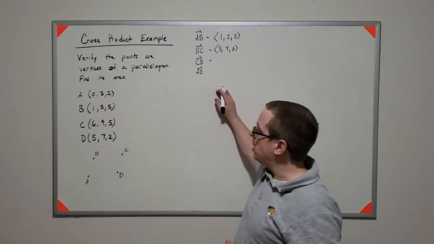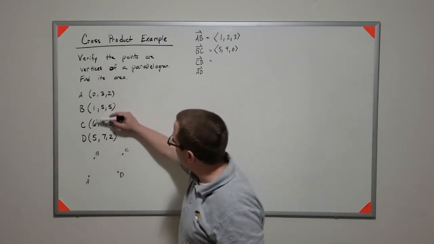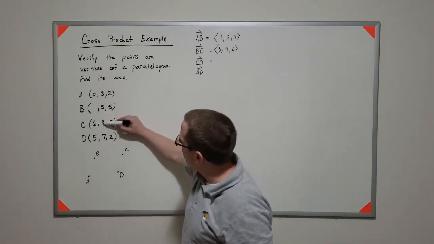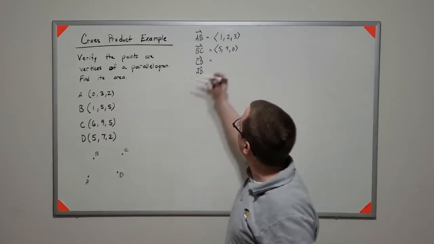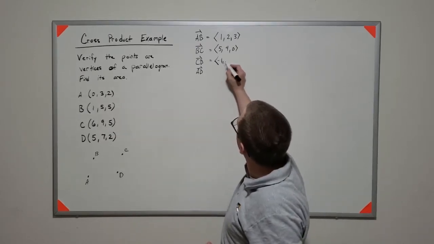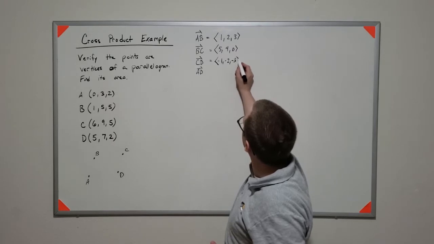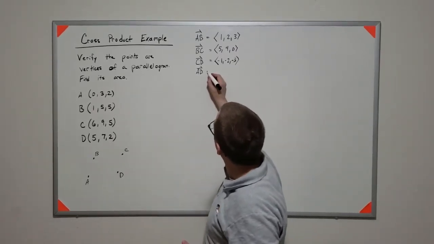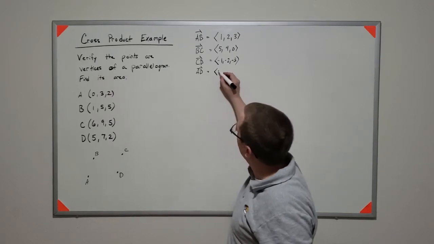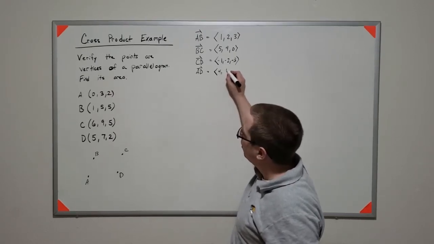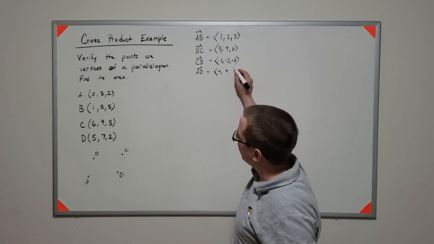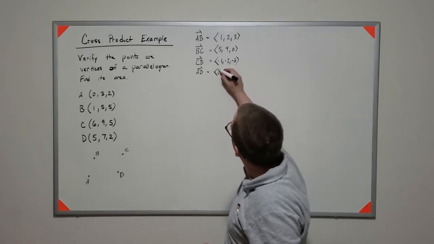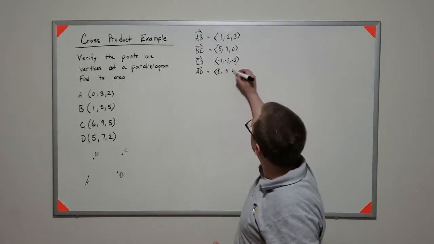And CD will be -1, -2, -3. And AD will be 5, 4, 0.